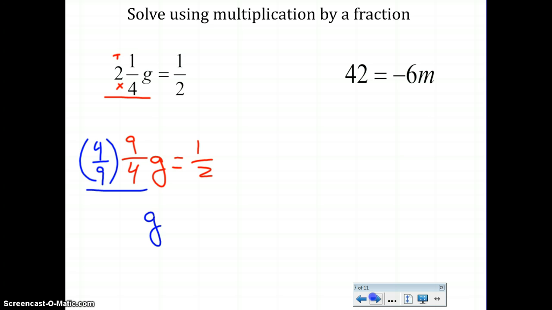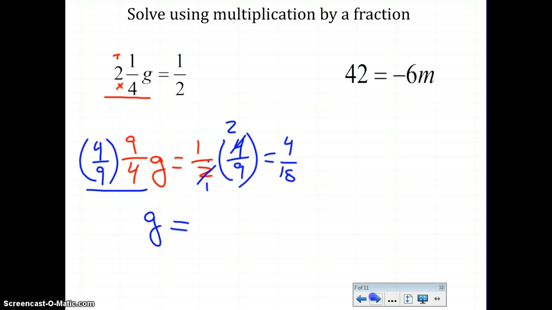Again, whatever I do to the left side, I need to do to the right side. So again, multiply by 4/9. We could go 1 times 4 is 4, 2 times 9 is 18, and simplify. Again, I prefer simplifying before multiplying when I see it. So I had 4, divided that by 2, that left me with 2. 2 I divided by 2, that also leaves me with 1.